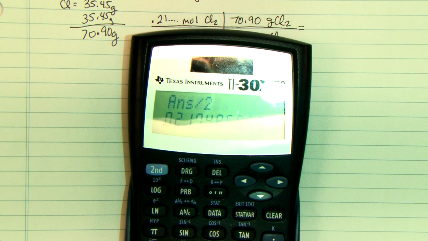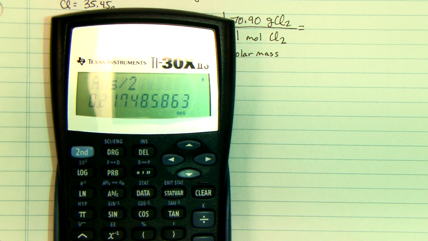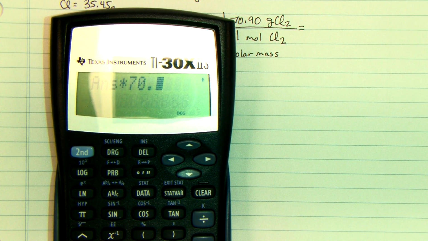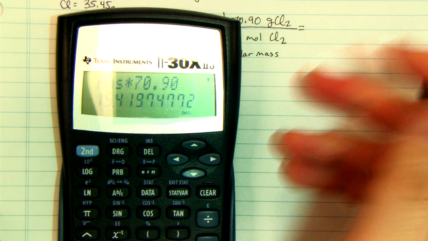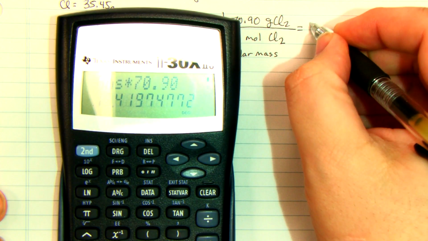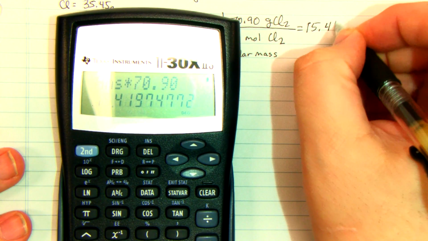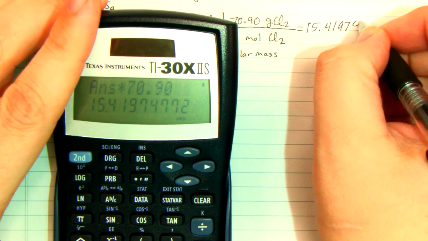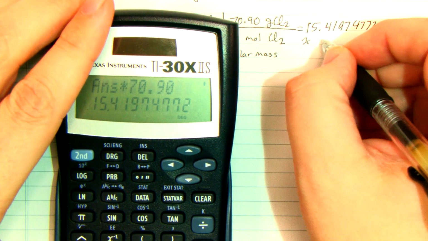So I'm going to take this answer, multiply it by 70.90, and I'm going to get 15.4197. And round that to about 15.42 grams of Cl2.